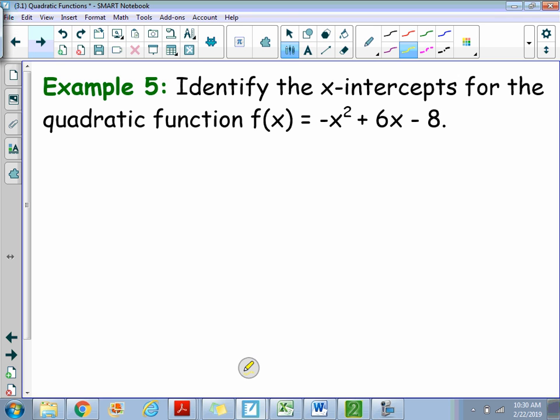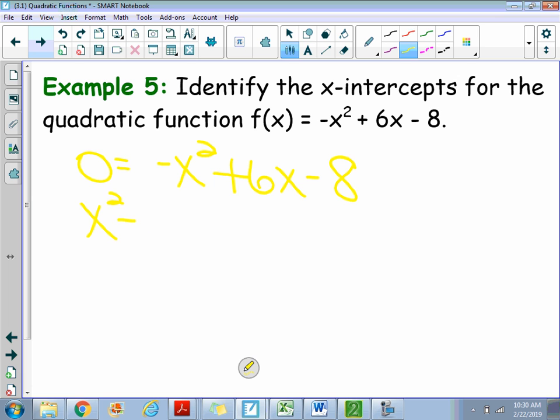Okay. Example number 5 is identify the x-intercepts. So if I want to identify the x-intercepts, what am I looking for? The zeros, which means what am I doing? That's 0. Just solve it. Now, I do not like having my x squared negative, so I'm going to flip-flop sides here.